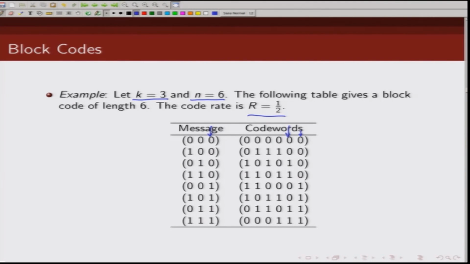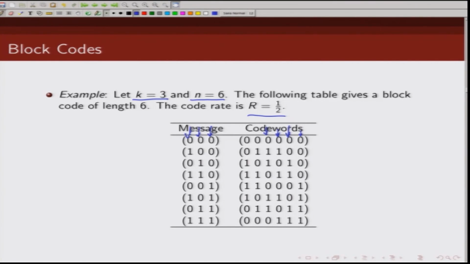Similarly, this column is the same as this column, 00110011, and this column is the same as this column. In other words, this bit of the code word is the same as this bit of the information sequence, this bit of the code word is the same as this bit of the information sequence, and this bit of the code word is the same as this bit of the information sequence. Now, let us look at this one.